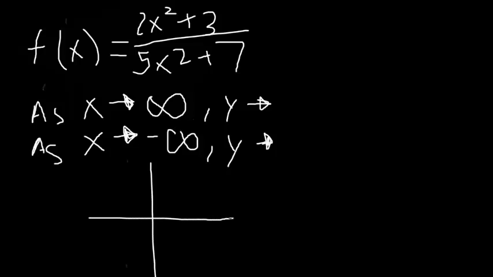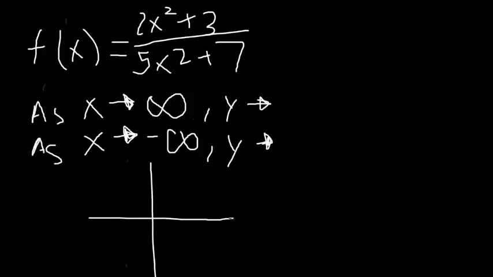If we look at the graph, that's actually a pretty nice graph anyway. What you'll see is there will be a horizontal asymptote, but we're looking at the end behavior, so there will be asymptotes.